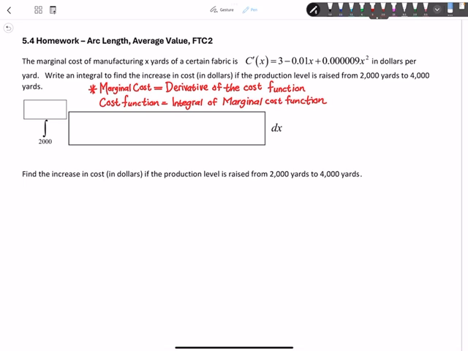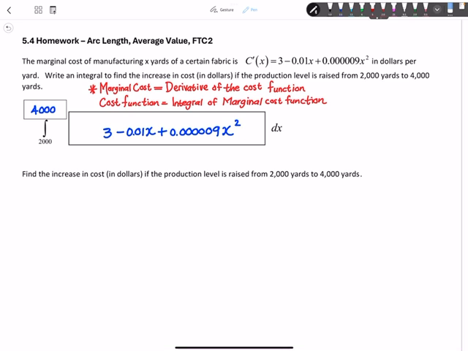That does mean the cost function is the integral of the marginal cost function. So for this problem, this is simply the integral of 3 minus 0.01x plus 0.000009x squared, and we're going to integrate from 2,000 to 4,000.